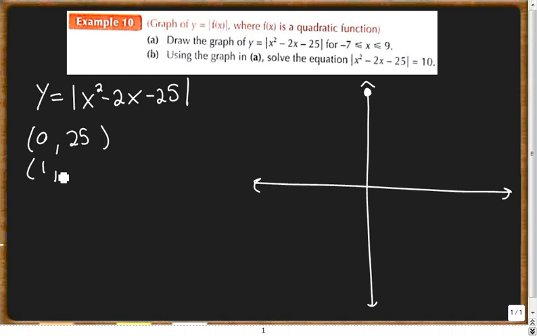And we could try 1. Well, 1 would be the absolute value of 1 minus 2 minus 25, which would give us 26. So we've got even further. 2 would give us 4 minus 25, which is back to 25.